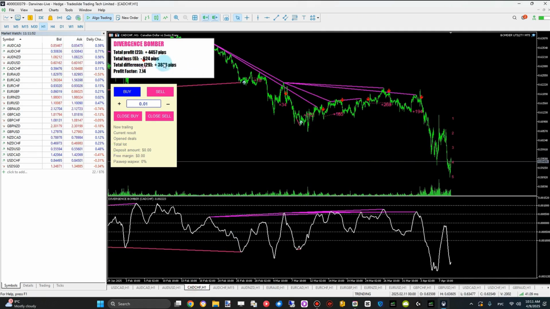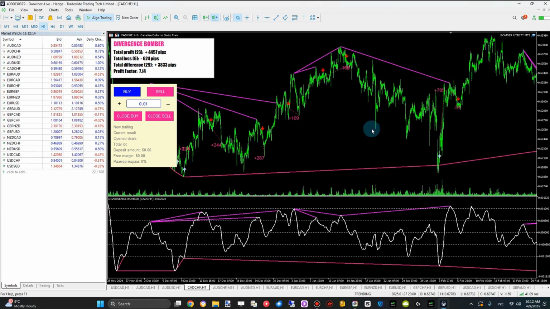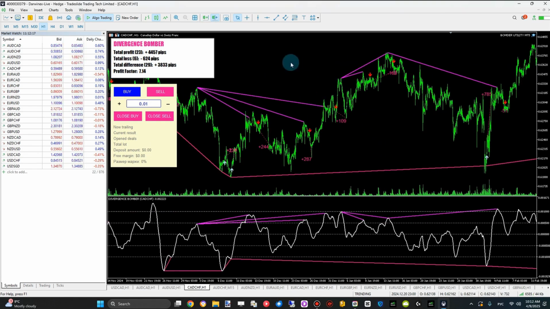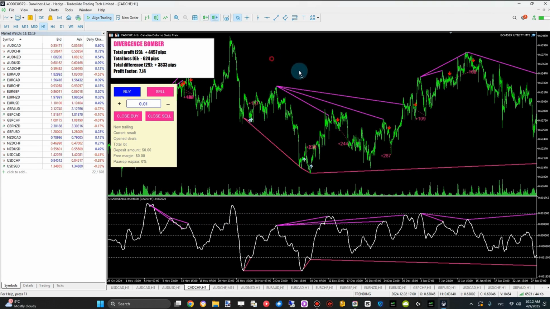Let's move on. Here we have the Canadian dollar against the Swiss franc. And here we also have many options where we could make a profit because we have a lot of divergences occurring as the trend moves, or for instance, when the trend is flat, all of this can turn into profit points in your trading account.